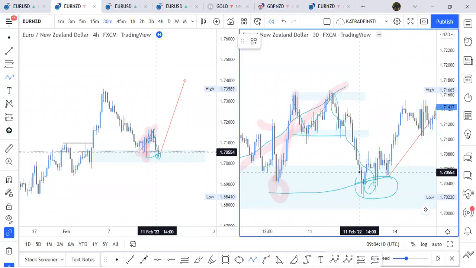So always you have to be careful. You have to steadily follow the market movement, not what you think. You always need to follow the market movement, not what you are expecting, but your expectation should be equal to the market movement. I hope you are getting me.